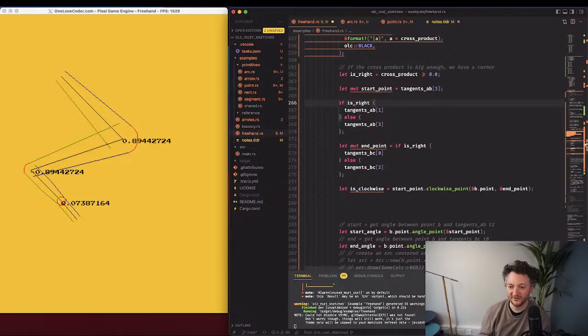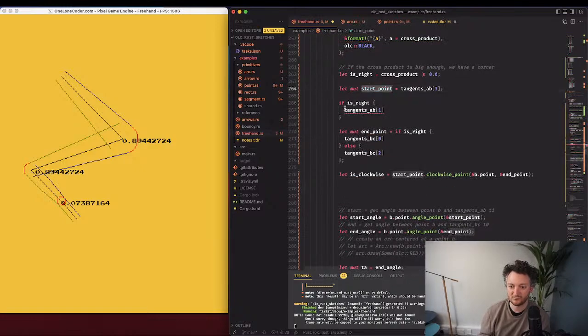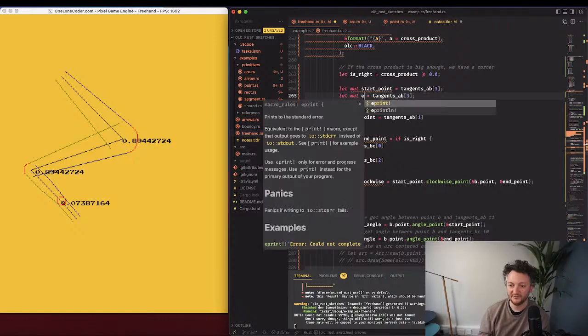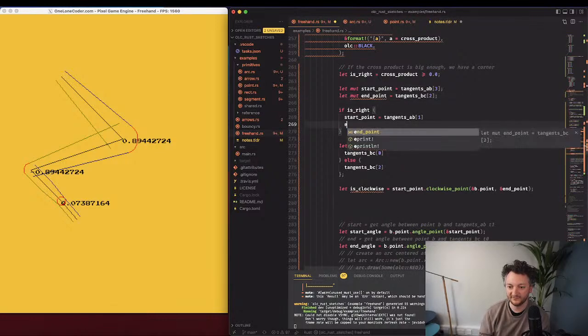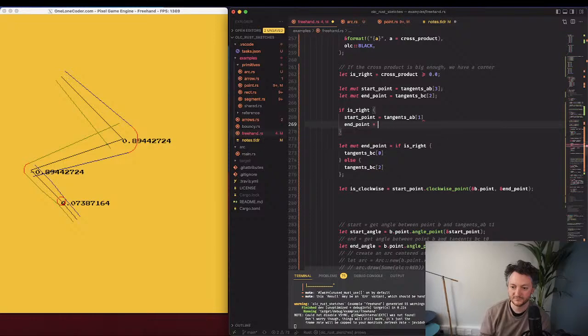And then if we're right, we'll set it to this. We'll do the same thing here. Okay. Endpoint is BC2. But if we're going right, then start point is this, end point is BC0.